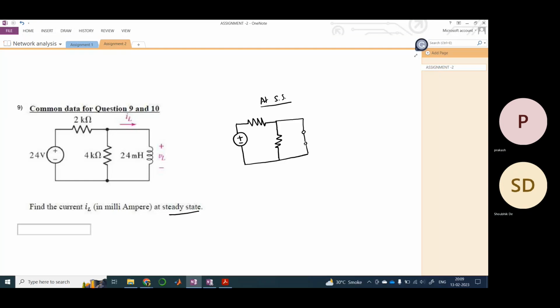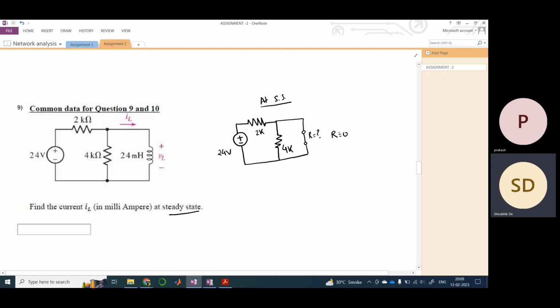Please tell what is this resistance. So, this is 4 kilo ohm, this is 2K, and this is 24 volt. What would be the resistance across this point? Zero. Yes, this would be 0.